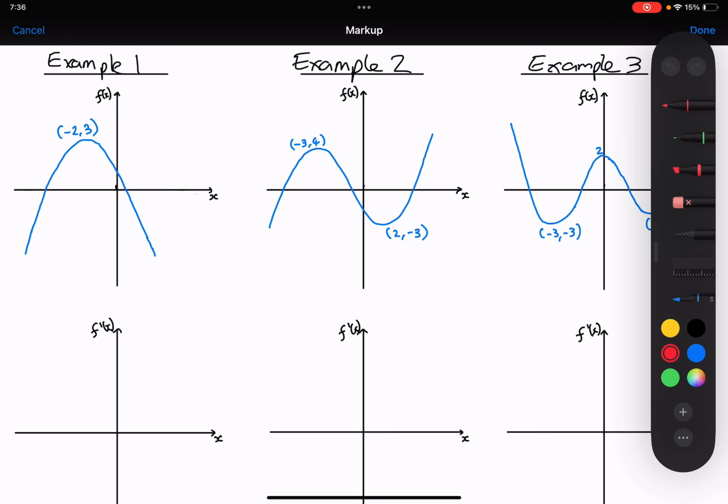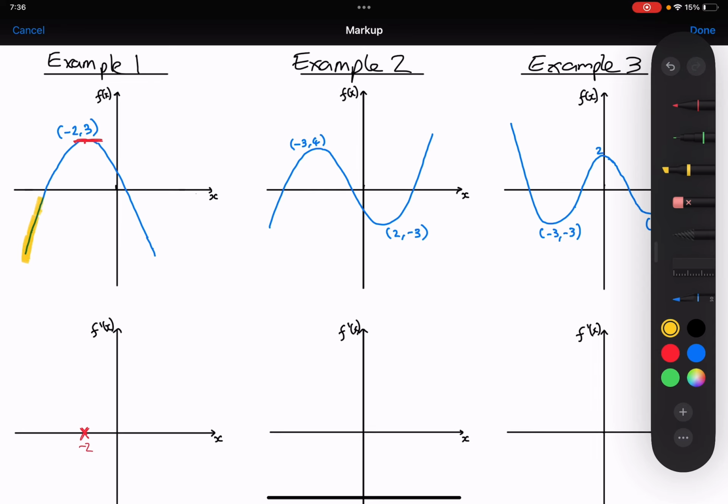So for the first example, we've got the turning point at minus 2, 3. So I know the gradient is 0 there. So straight away, I'm going to put on my gradient function that the gradient is equal to 0 at that point. To the left of that point, I can see that my gradient is positive.